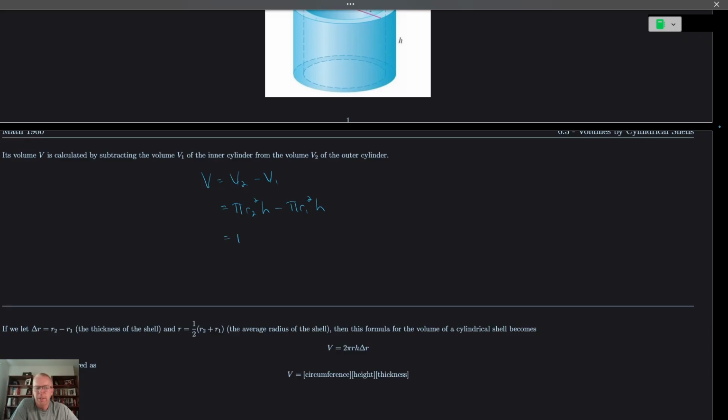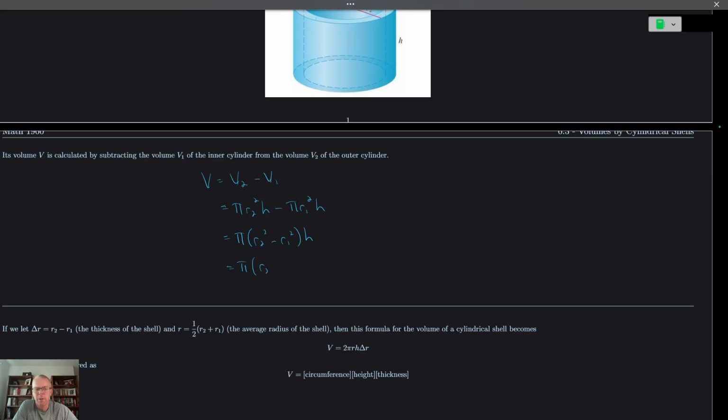And we're going to do a little bit of manipulation on this. So we can factor out a pi, we can factor out an h. So let's write this as pi times R2 squared minus R1 squared times h. Now this, of course, is the difference of squares. So let's factor that.